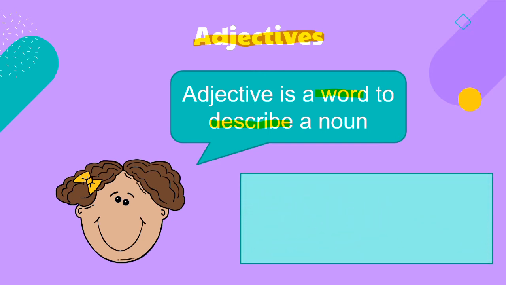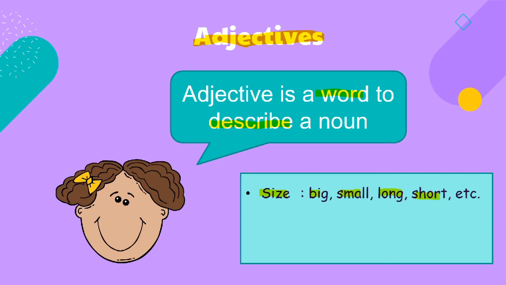Nah, there are lots of adjectives, and I give you only some examples of it. The first one is adjective to describe size. So, you are familiar with this. Big, small, long, short. All of them are adjectives to describe the size, ukuran.